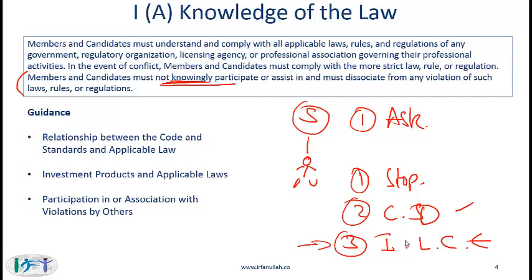In a sense, what CFA Institute is doing is leaving the judgment up to you. So if you feel it is appropriate to report to the law enforcement authority, then you can do so. But if you don't, that is not a violation of the code and standards.